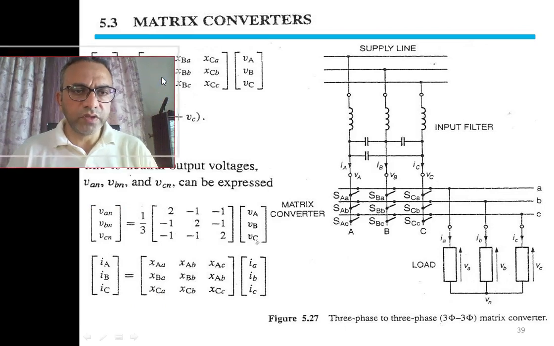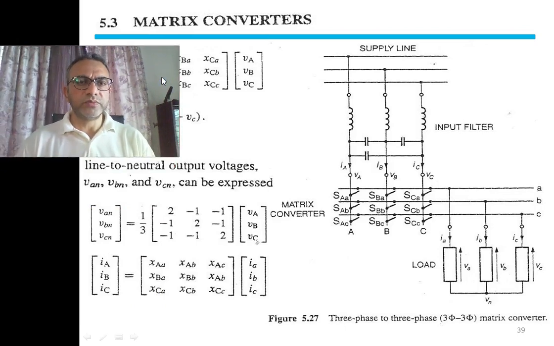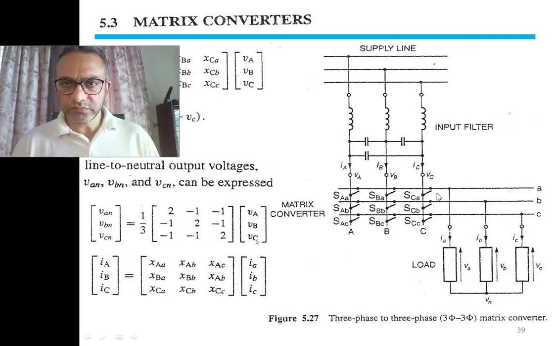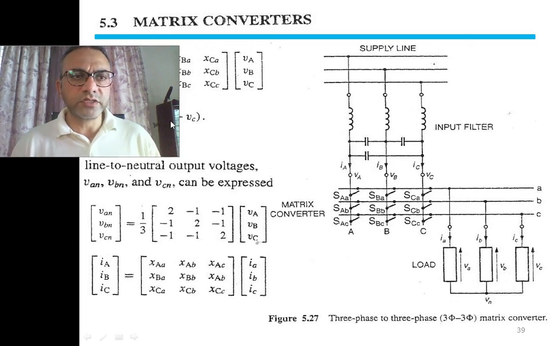In terms of line to neutral voltage, the voltage can be expressed as here, and then we have the currents. Again, we see the three-phase to three-phase matrix converter.